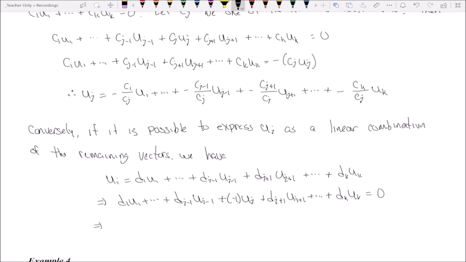Which implies that u1 through uk are linearly dependent, right? Because negative 1 is non-zero.